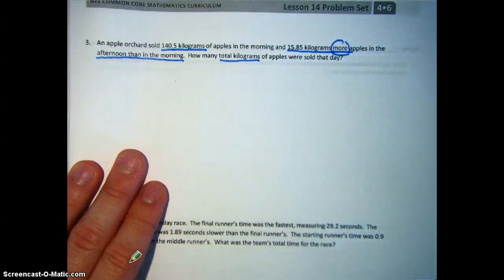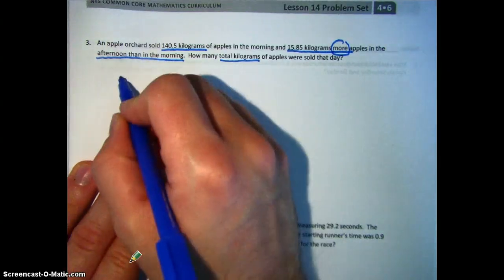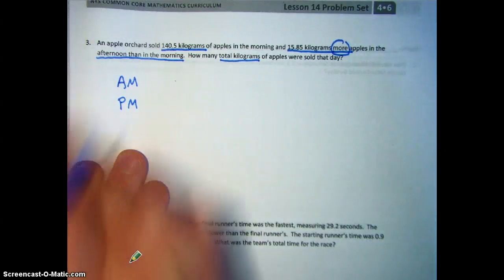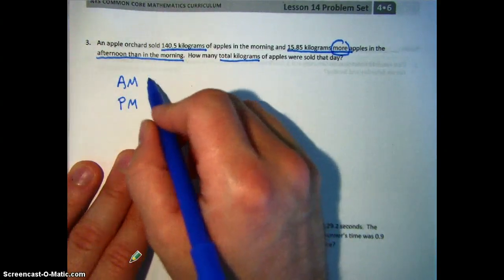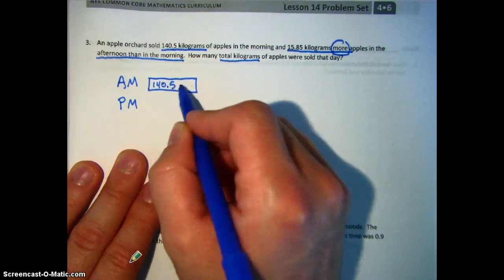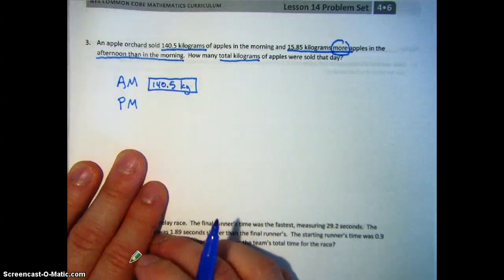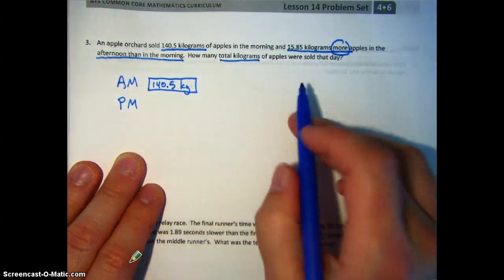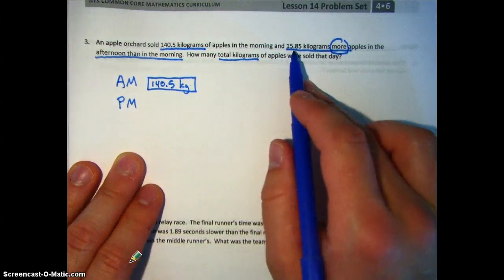Okay. So now when we go to set up our tape diagram, we have morning and we have afternoon. Now morning we know 140 and 5 tenths kilograms. Now what's different here is the PM. Okay, in the PM they did not sell 15 and 85 hundredths kilograms.